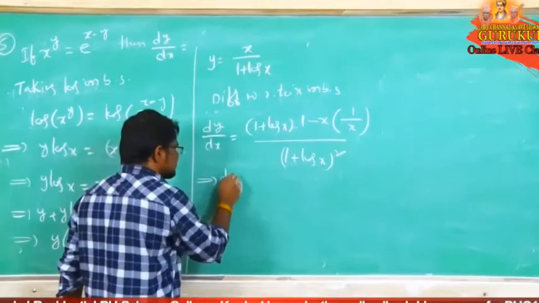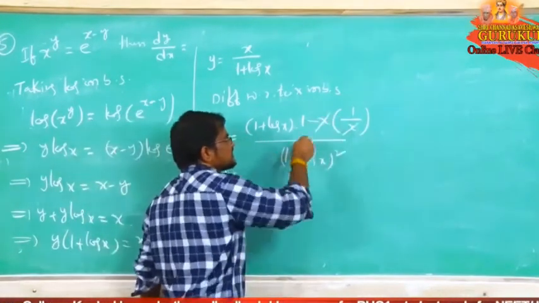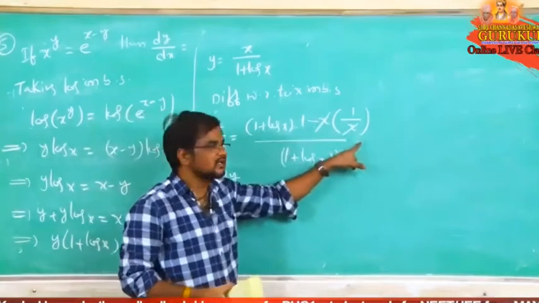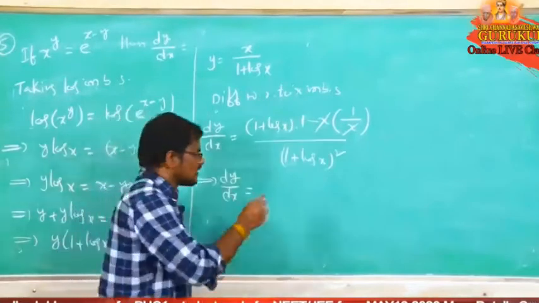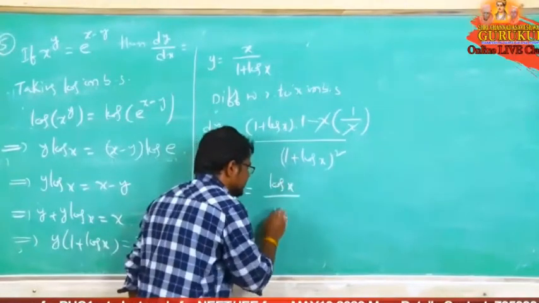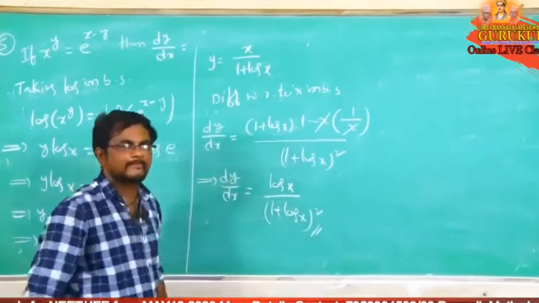That implies dy by dx equal to, here x gets cancelled, 1 minus 1 gets cancelled. What is remaining in the numerator? Log x. Log x by 1 plus log x whole square. This is our final answer.